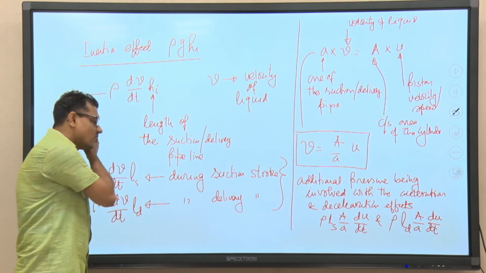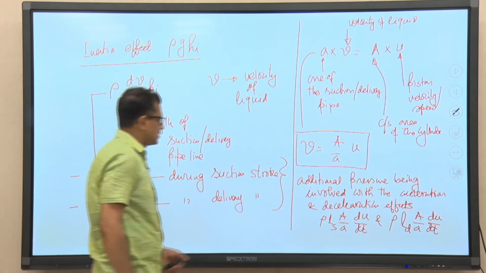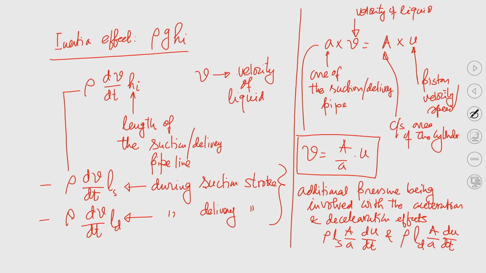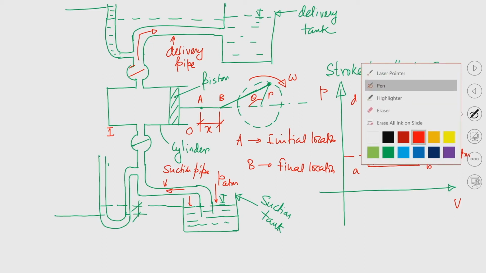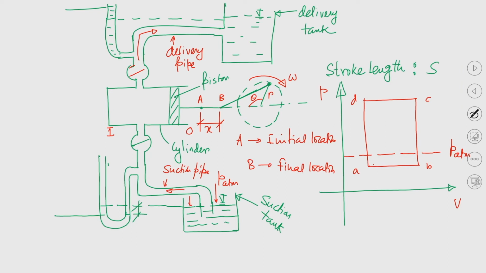Okay. So, now the question is, if we try to superimpose the effect which will be there due to inertia. The additional pressure, you can see that this particular effect will lead to the alteration of the pressure, not volume but the pressure. So, if we now go to the indicated diagram and draw using a different color, say this color, then what will the diagram be.